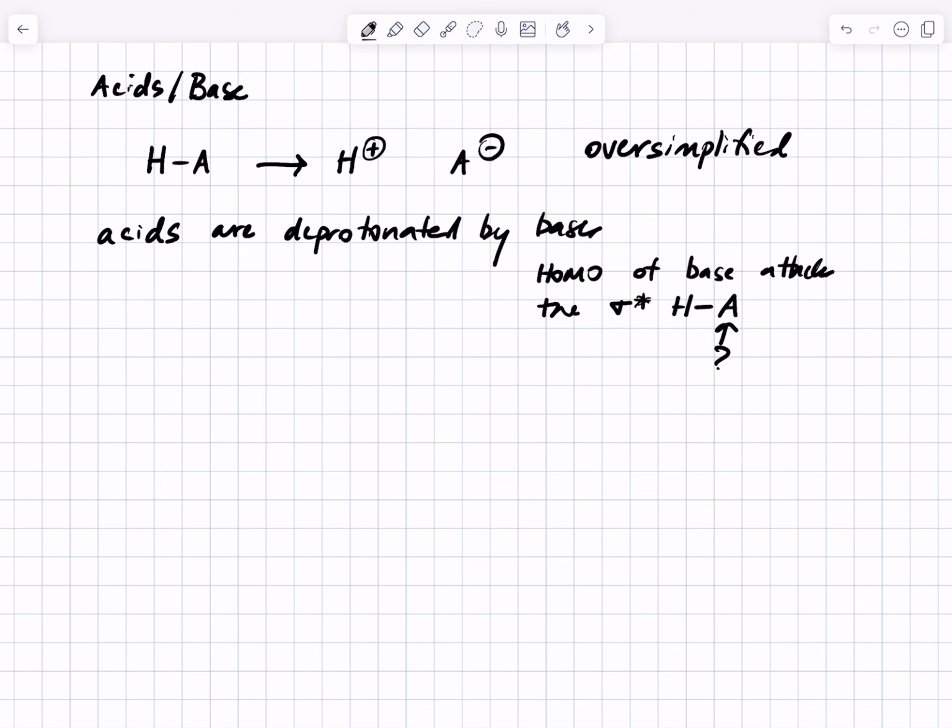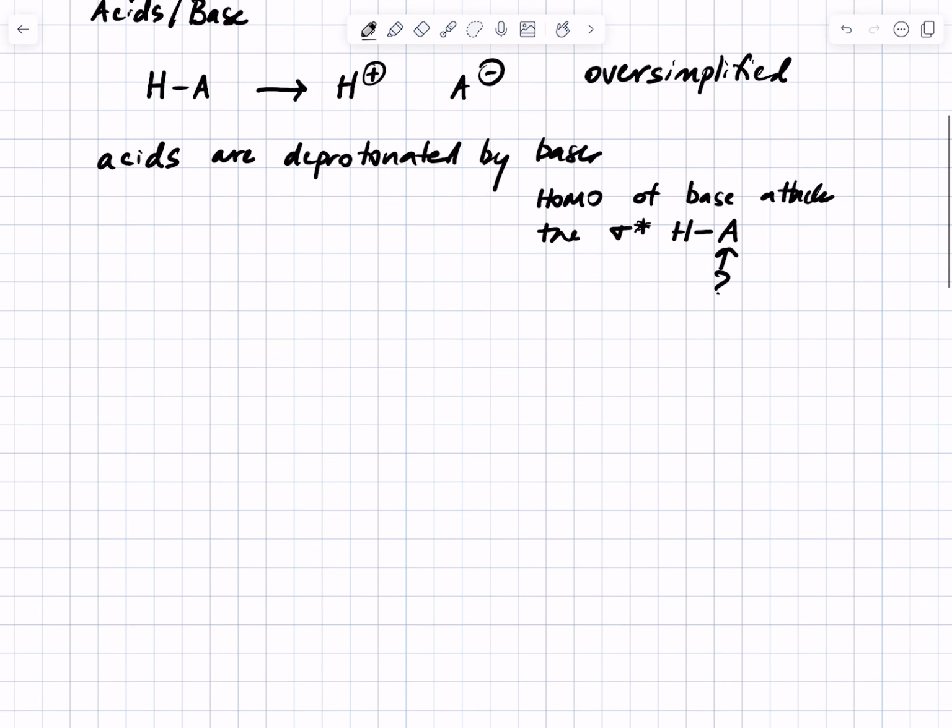So let me give you an example of an acid-base equilibrium reaction. This is going to involve HCl as the acid, and it's going to involve water as the base.